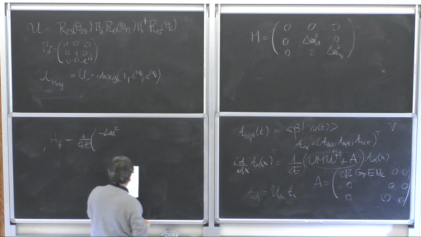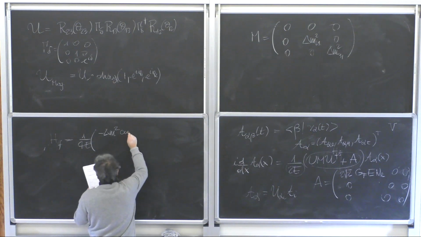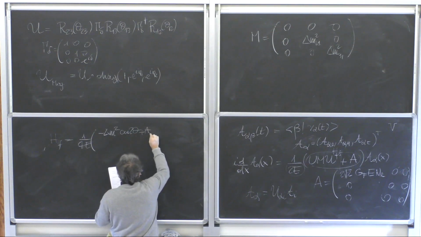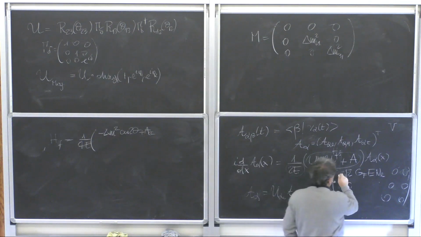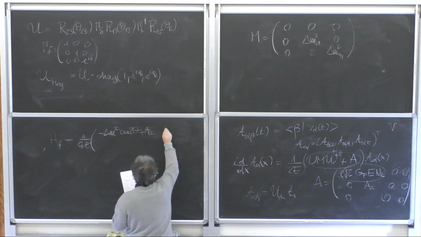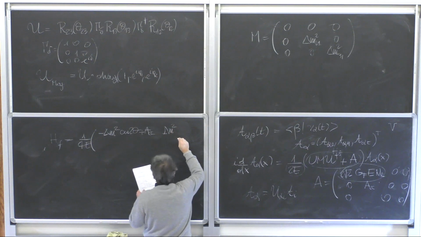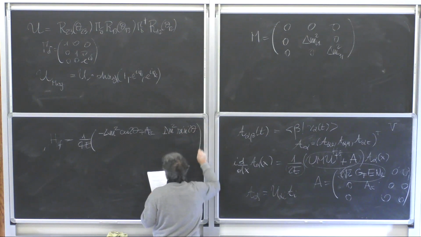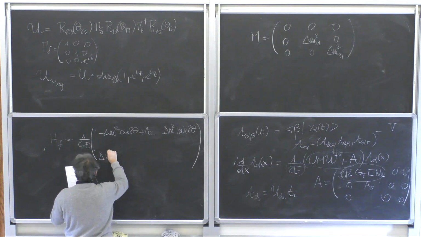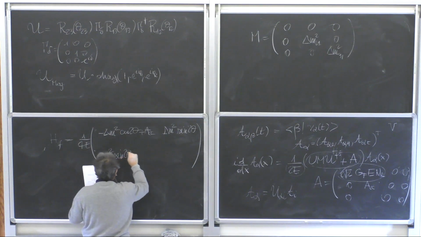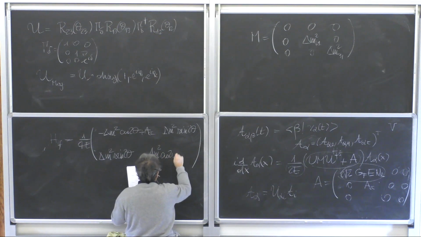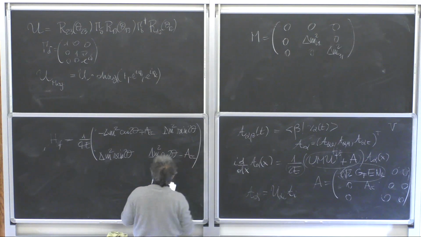Only in 2 generations we have: minus delta m squared cos 2 theta plus a, let's call this term here a charge current, ACC; delta m squared sine 2 theta; delta m squared sine 2 theta; delta m squared cos 2 theta minus ACC.